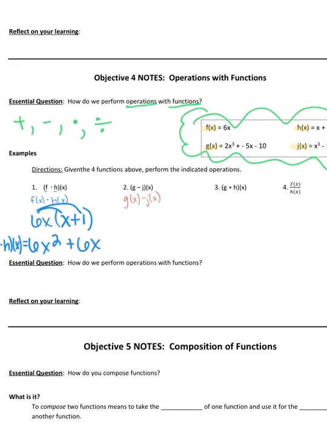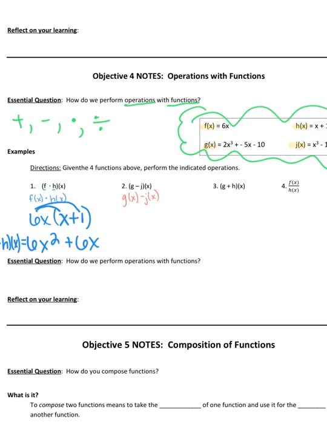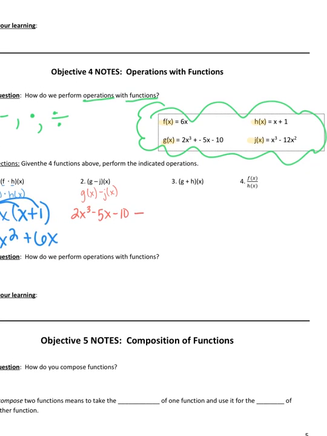And so for g of x, we're going to substitute in the whole expression. g of x is 2x cubed minus 5x minus 10. And for j of x, we need to be very careful that we subtract that whole expression, the whole function, which is x cubed minus 12x squared. So we need to make sure that we are protecting these functions by putting them in parentheses. Okay, if you want to put both of them in parentheses, there's no harm in that.